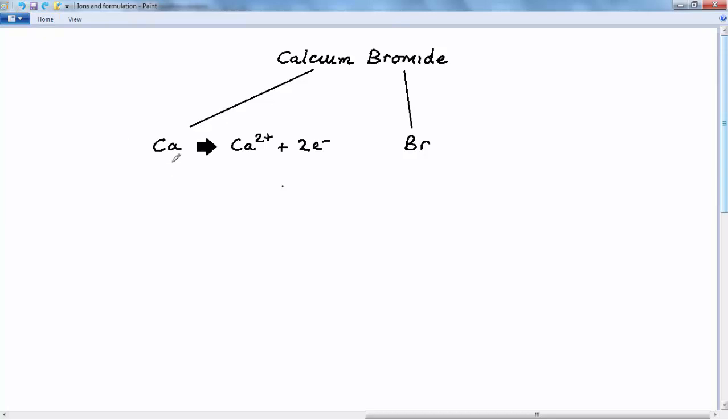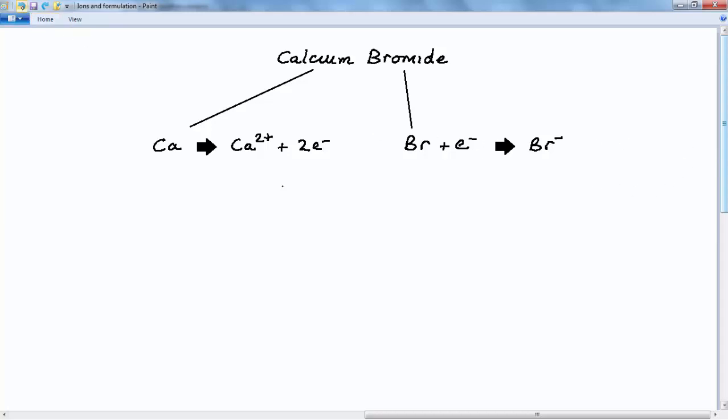Calcium wants to lose its 2 outer electrons to obtain the stable configuration, and as it does so it will form the calcium 2+ ion, whereas bromine, which is in group 7 of the periodic table, it's a halogen, has 7 outer electrons. It wants to gain an electron to get a completed octet. So it's going to gain an electron to form the bromide - ion.